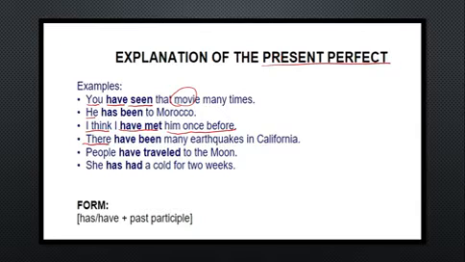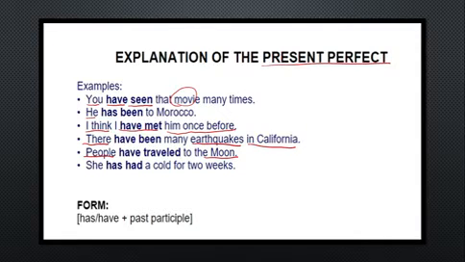The next one says, there have been many earthquakes in California, about the events in a place. And the next one talks about people have traveled to the moon, not one time, not two, but one, two or more times in life, in history.